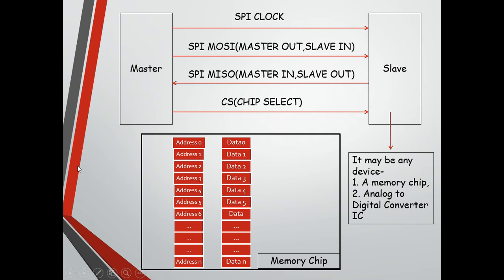By using SPI protocol, we can send data to this memory IC, store our data in a particular address, and whenever we want to access that data, we can again communicate through SPI protocol and take data from a particular address. That means we can write data to a particular address, and we can read that data which we have written earlier. So this is one of the applications of the SPI protocol.